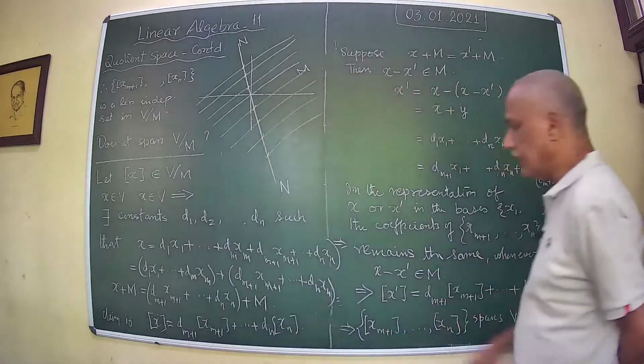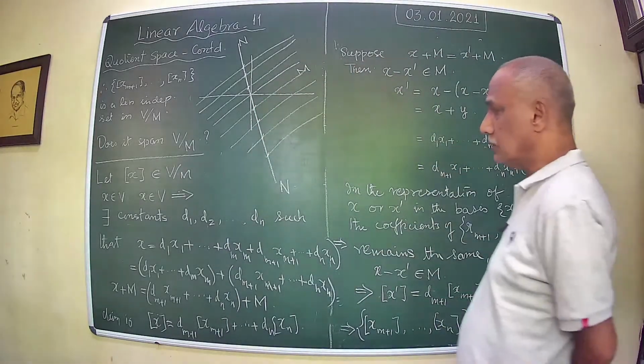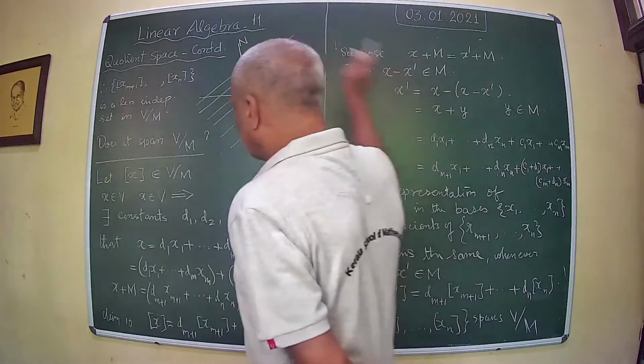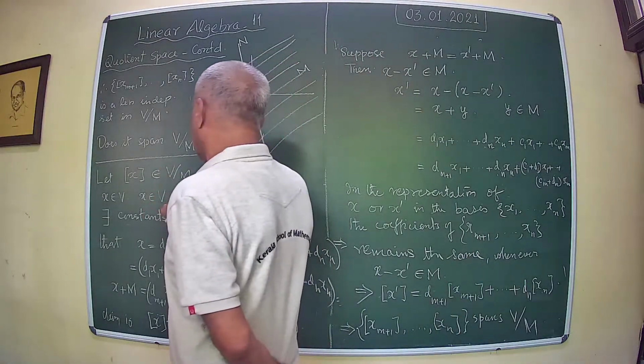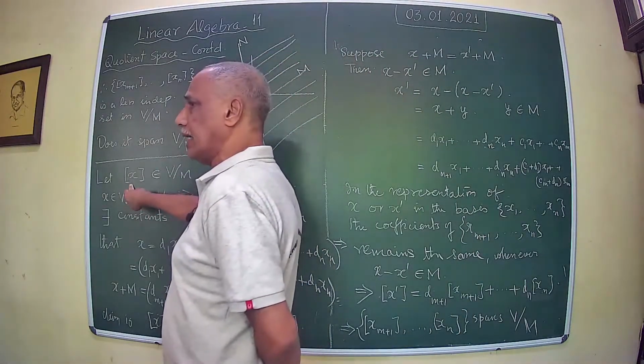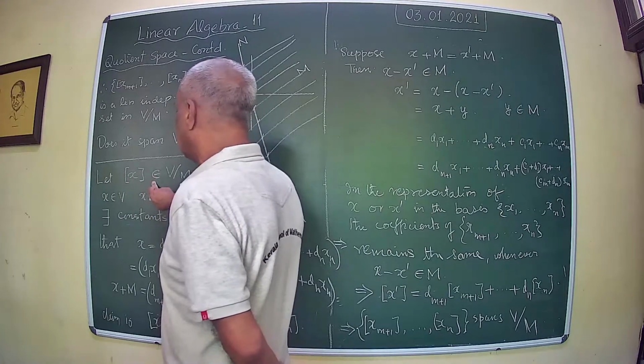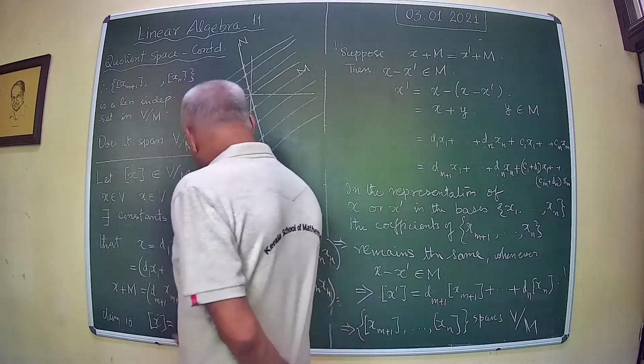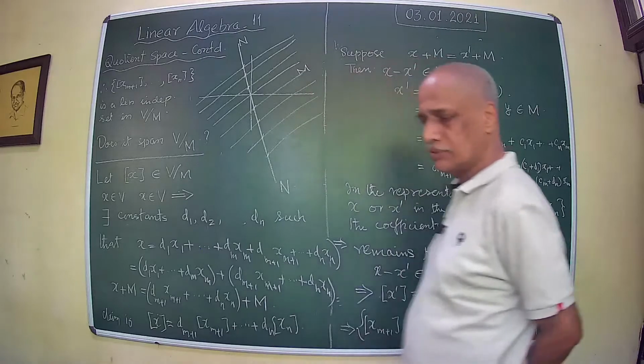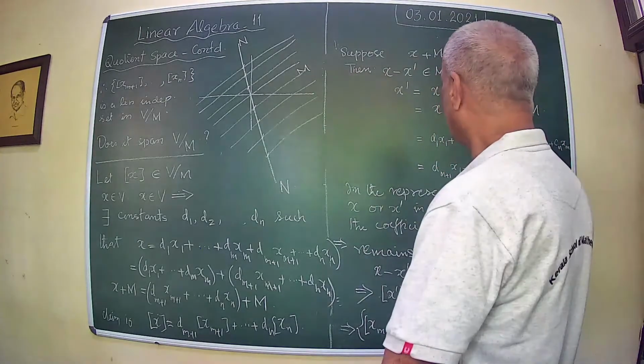What we have shown is that suppose you also choose an x prime in V with the property that bracket x is equal to bracket x prime, then you end up with the same representation. So there is no ambiguity at all.